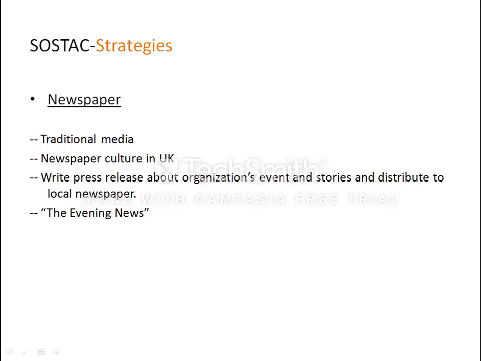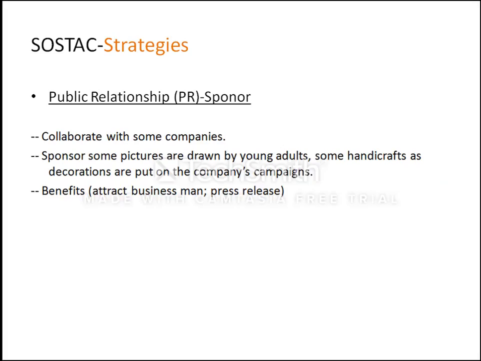They are often finding relevant or interesting local news, so the organization could get its information in the newspaper for free. For example, the Evening News. This strategy can reach a wide range and communicate with many persons. The readership is stable.